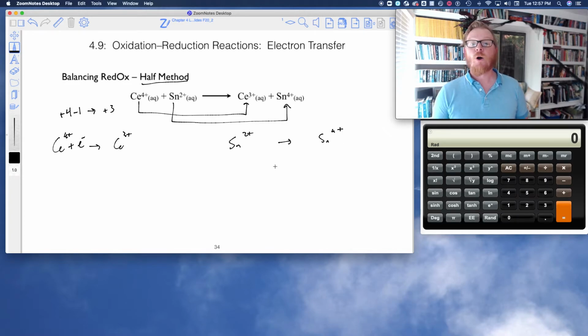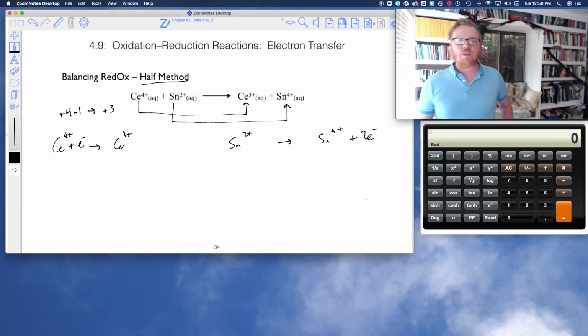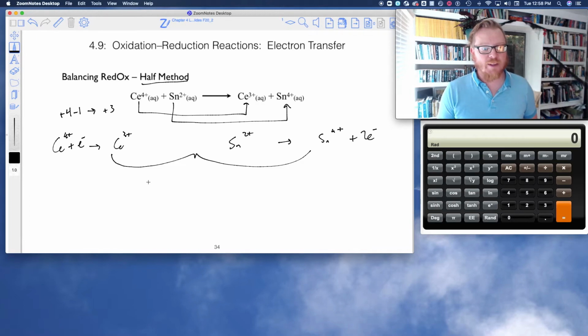Beautiful. What about this half? Okay. Well, if it's plus 2 on this side and plus 4 on this side, then I need 2 minuses on this side, and I can achieve that by saying plus 2 electrons. Okay. So now I've balanced each respective half, and I'm ready to bring them back together. And I'm going to bring them back together by adding them. Just like I can add equations in algebra, I can add chemical reactions in the same way.